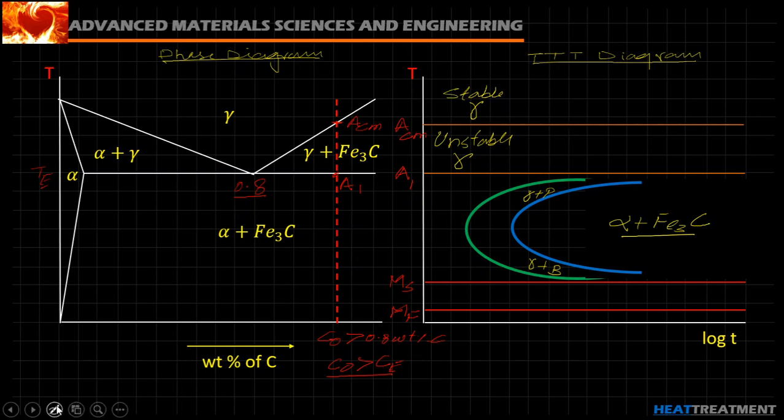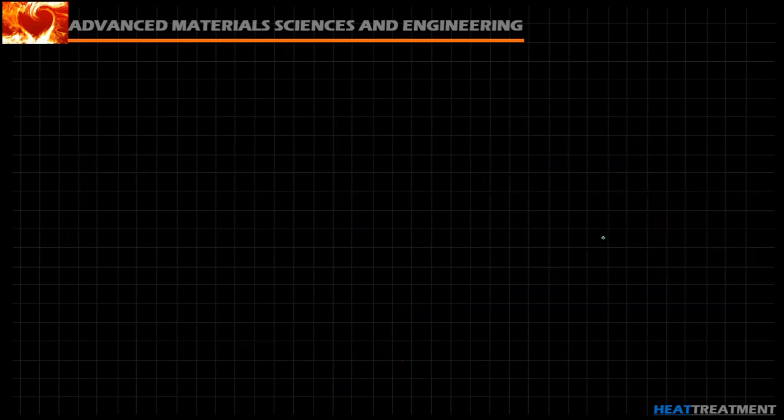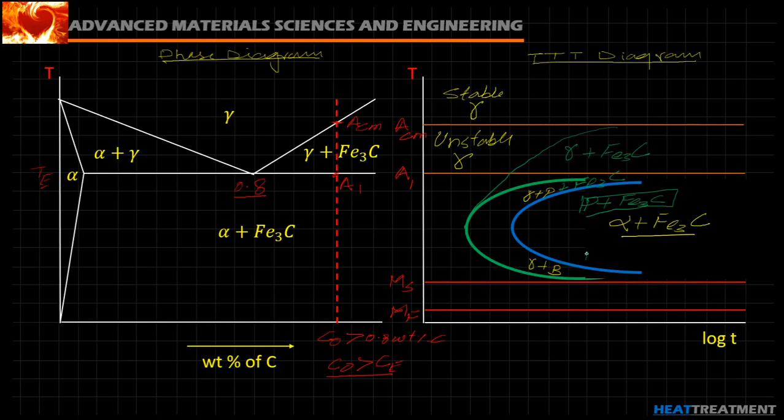Now again we have to extend this line from the nose to ACM, and here we are going to get gamma plus Fe3C, and similarly in between we are going to have Fe3C, and at the end we would be having the pearlite plus Fe3C above the nose of the C curve, and below the nose of the C curve we would be having bainite plus cementite Fe3C.